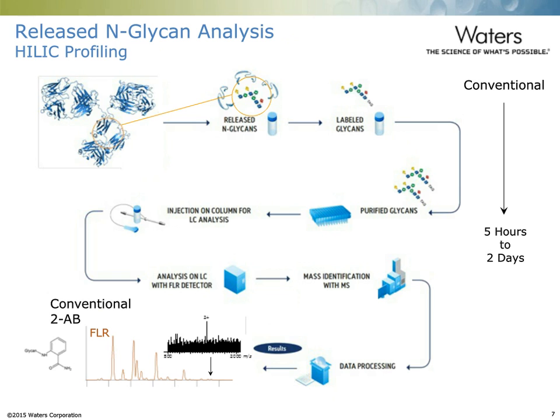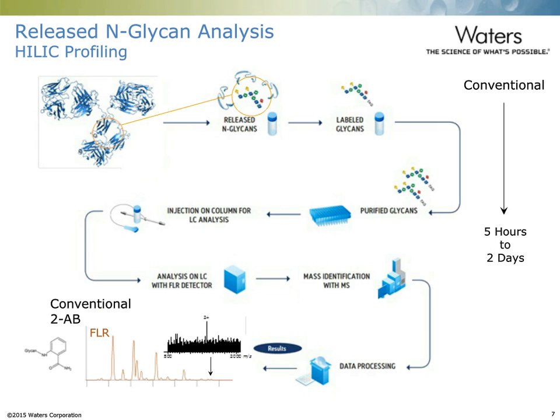Shown on this slide is a typical workflow for the analysis of released N-Glycans, in which we want to obtain a glycan profile. Generally, regardless of the chemistry used, what we're going to do is release the N-Glycans, and then label the N-glycans since they don't have any chromophores on them, purify them, and then analyze them by some separation.